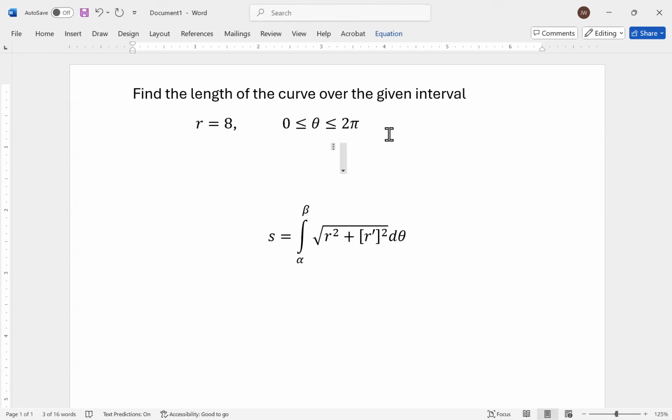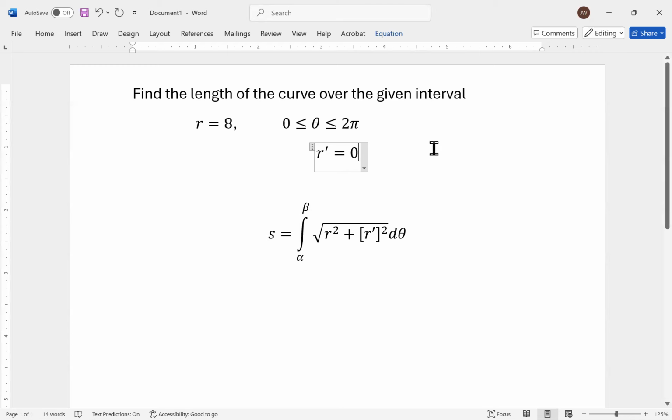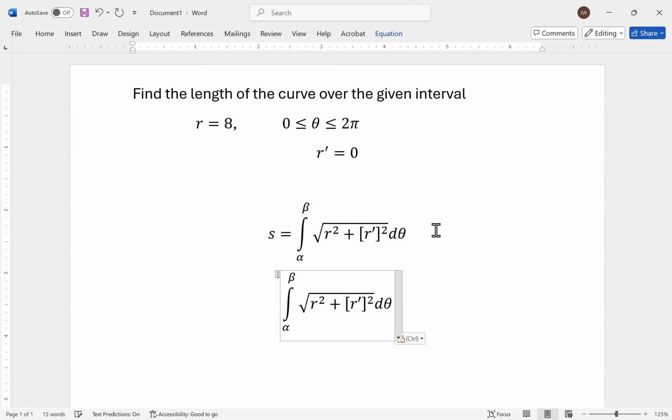So if r is equal to 8, then the derivative with respect to theta is equal to 0. So that's what I can plug in. I can take this and plug in an r of 8 and an r prime of 0.